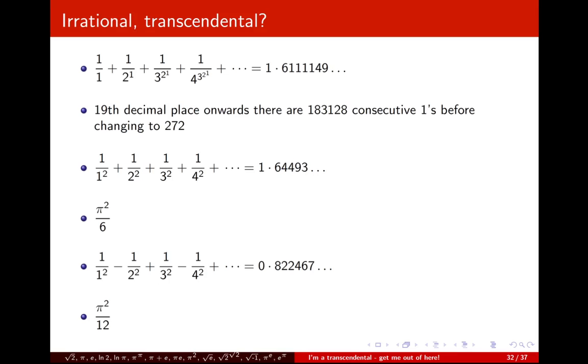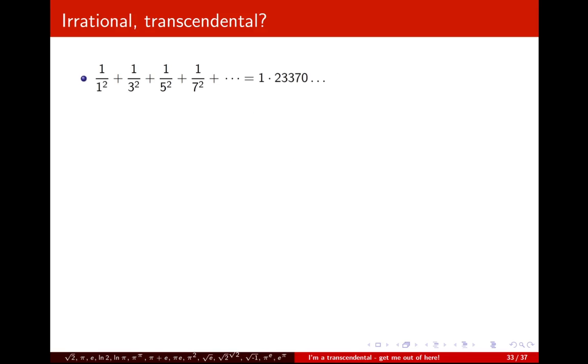That's also transcendental and irrational because it's 1/12 of pi squared. Here we have squares of odd numbers on the denominator. That's also 1/8 of pi squared, and we know pi squared is transcendental, so this is also transcendental and irrational.